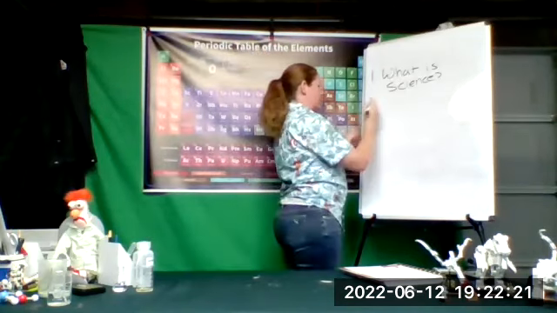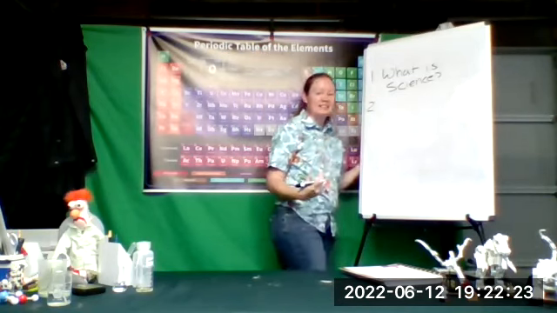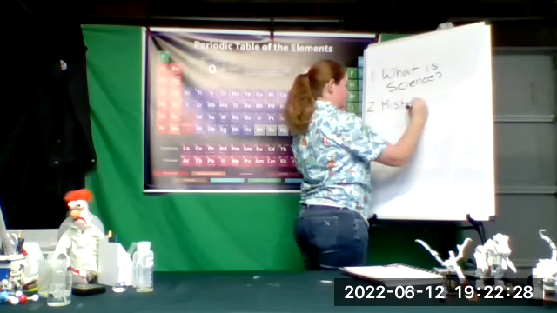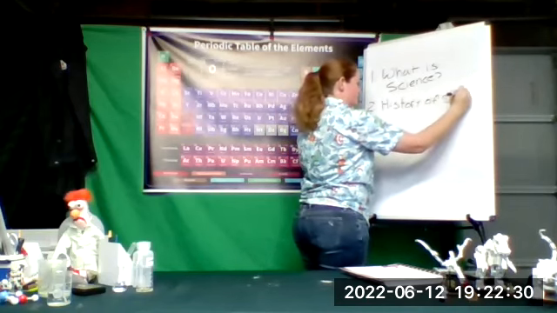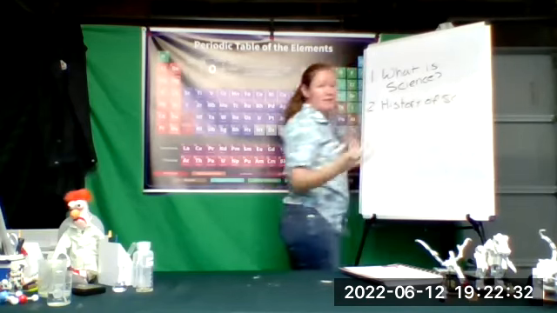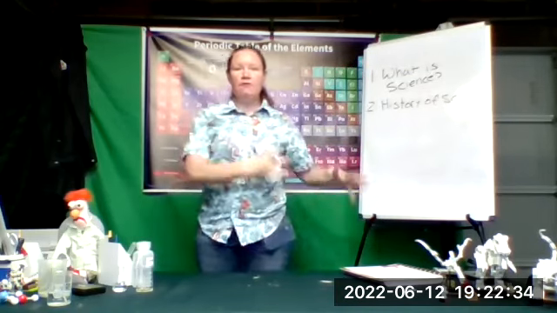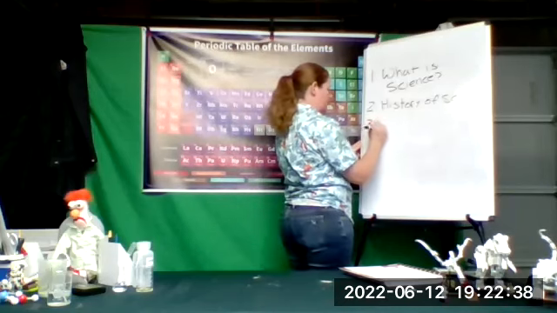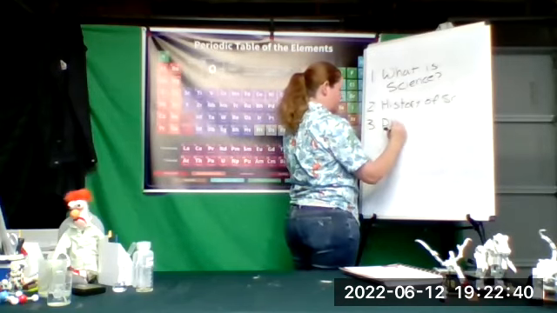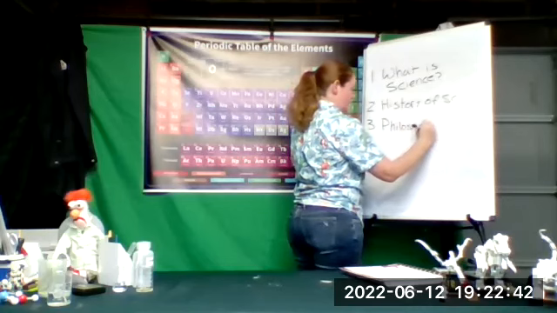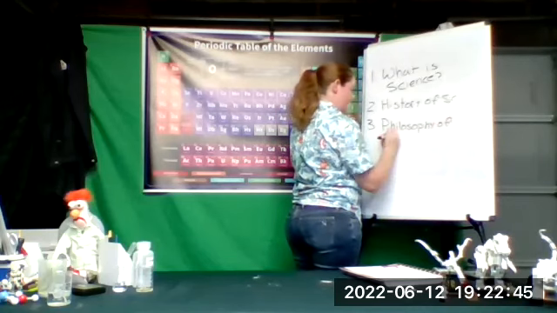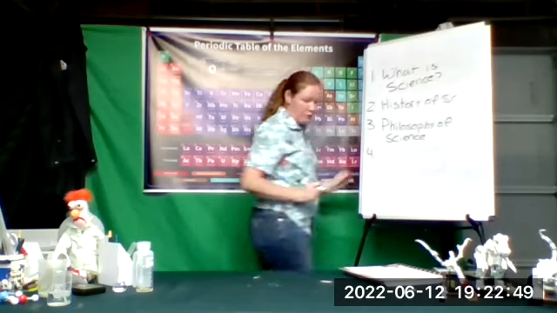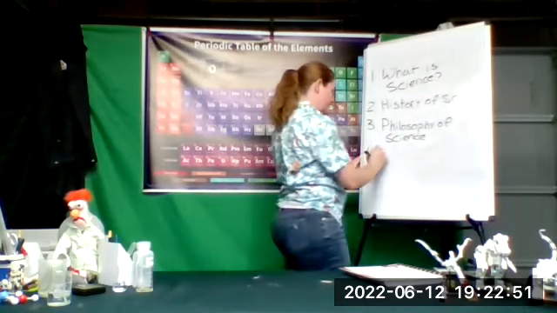Okay, in our second unit, we'll look at the history behind science. How science was developed, how we got from where we were to where we are now. Our third unit will be philosophy of science. Our fourth unit is going to be ethics.